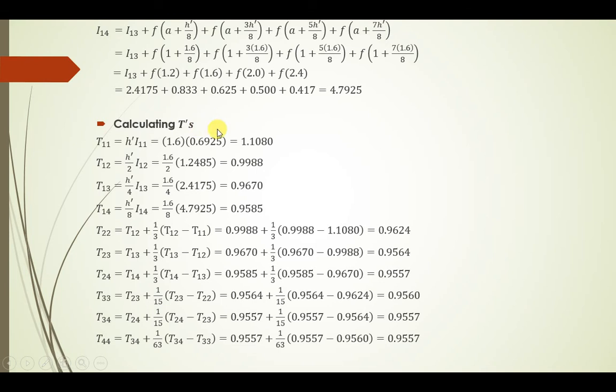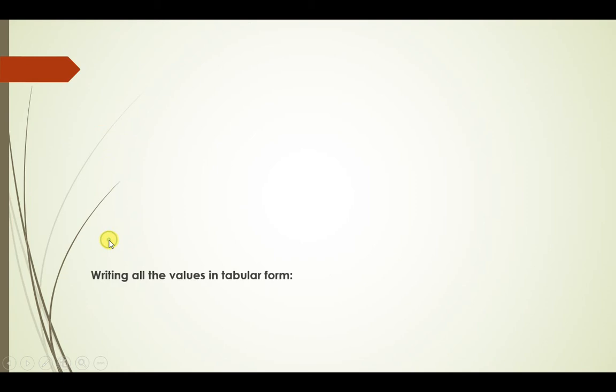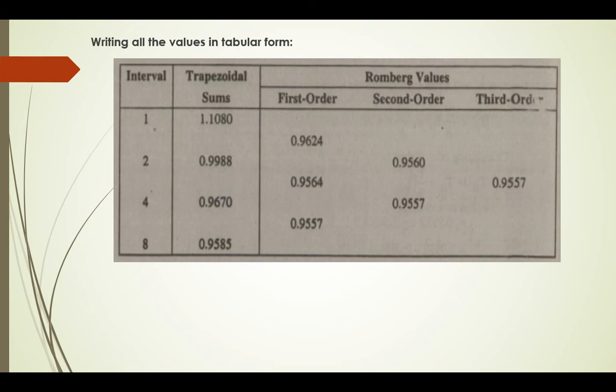Now the last step is we need to write these values in the form of a table. You see here, writing all these values in tabular form, that is the table form. These are the values for the sums I11, I12, I13, I14, actually. This is T11, trapezoidal sum, and this is T12, T13, T14.